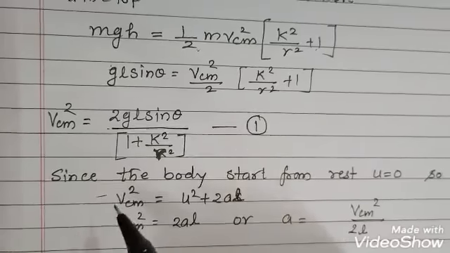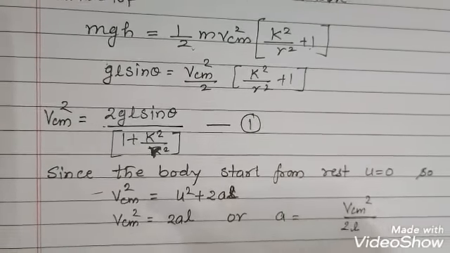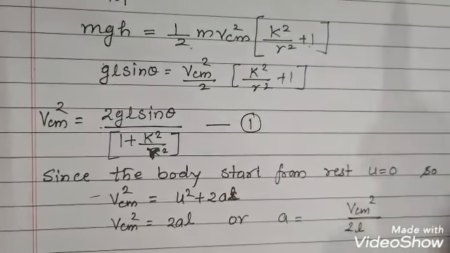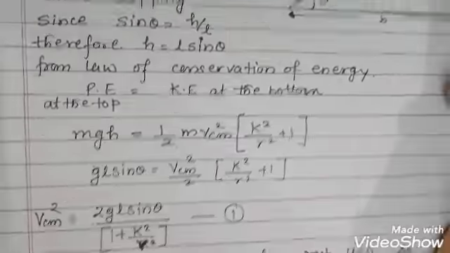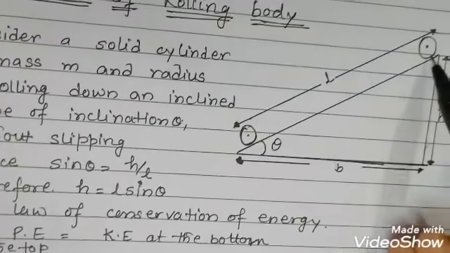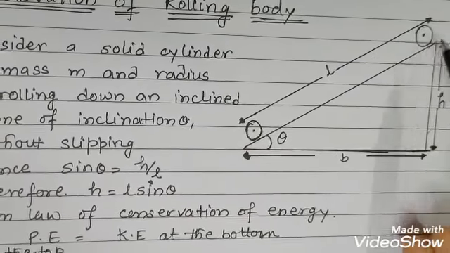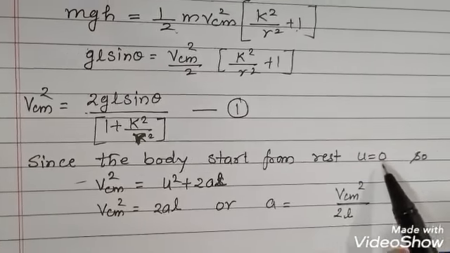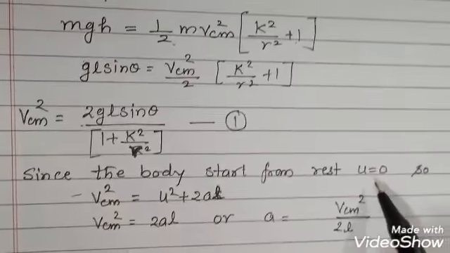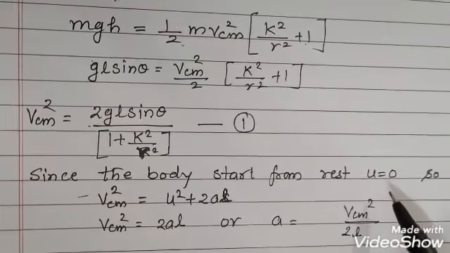Now, I have already told you that at the top of the inclined plane the body is initially at rest, so the body starts from rest and the initial velocity is 0. Now we apply the formula v square equals u square plus 2as.